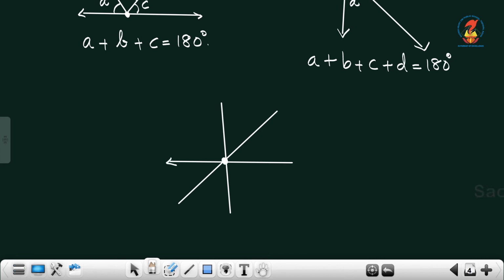There is a point here. From the point, lines are drawn in all directions. Angles are formed.